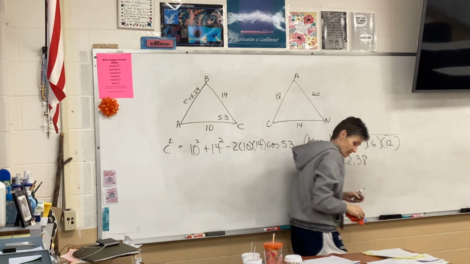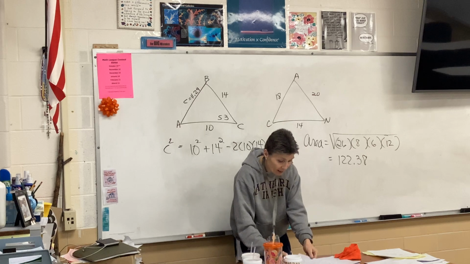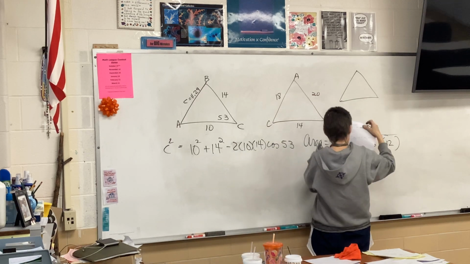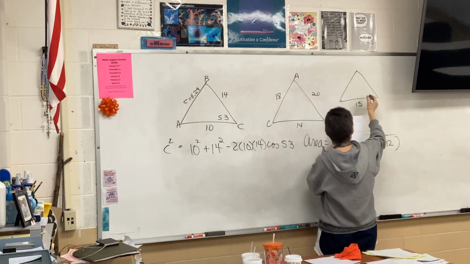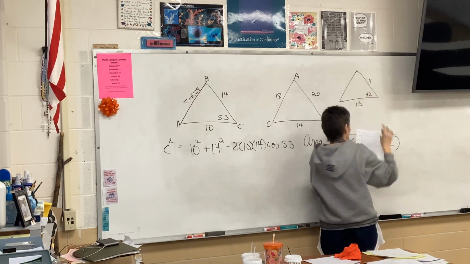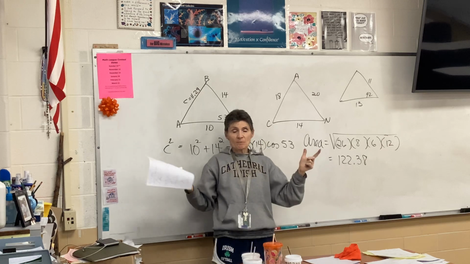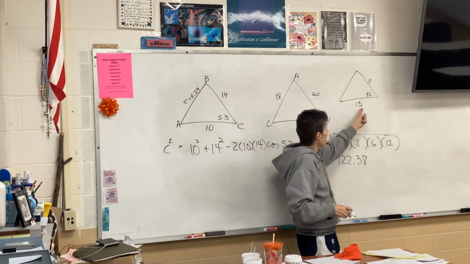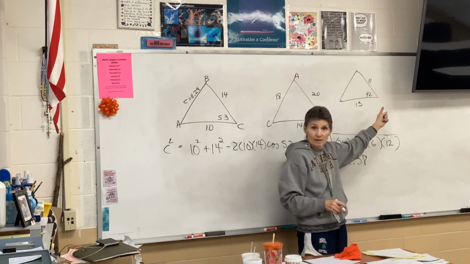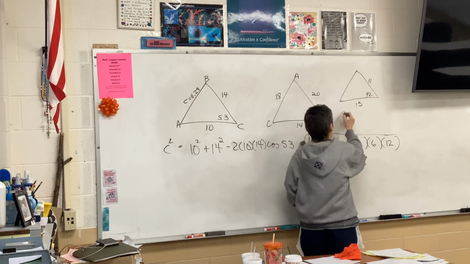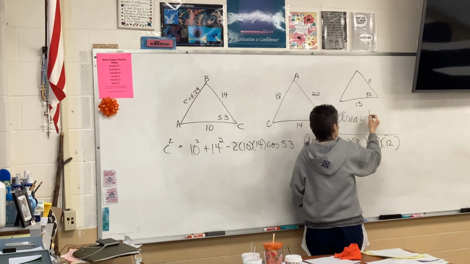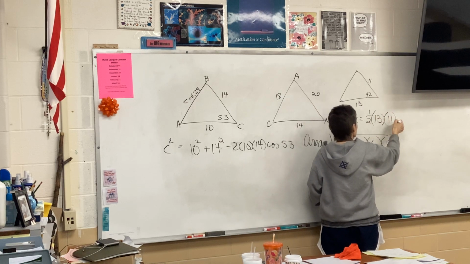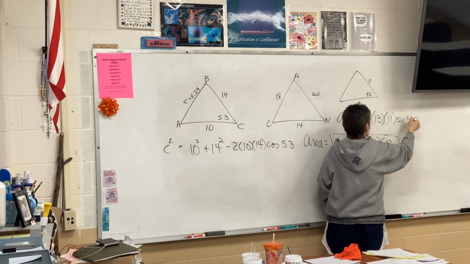All right, the next problem is another area. Find the area. And this is what I know. Nothing makes me happier, because I have 2 sides and the angle between. So I know that area is 1/2 side times side times sine of the included angle.